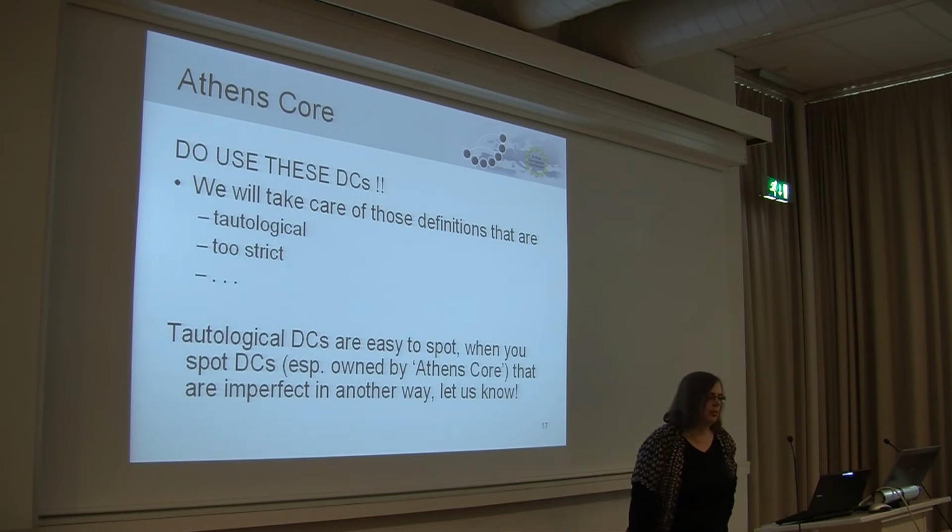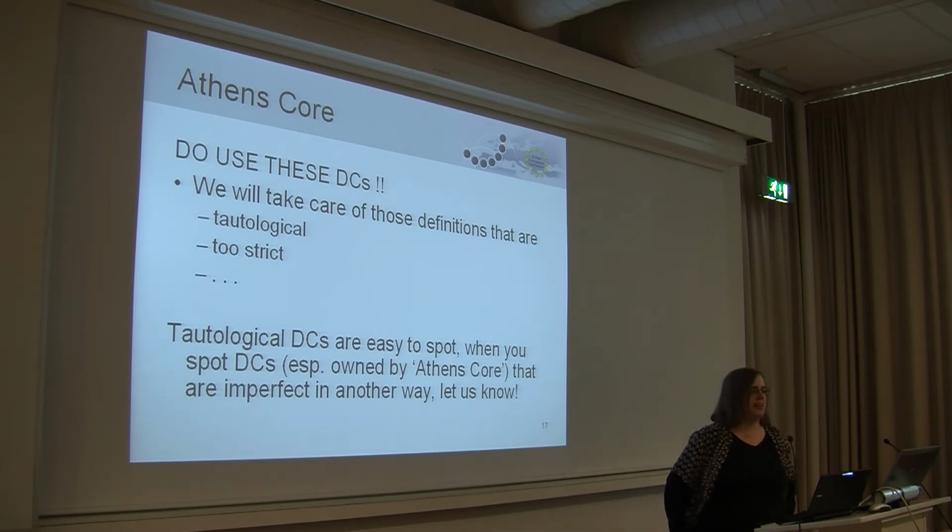There are a whole lot of entries, and the owner is Dublin Core. And when you look at the web page of the metadata CMDI, they say, okay, are there some recommended elements in this, use Dublin Core? Do it, but be aware that for the moment there are still lots of these tautological, these circular ones in it.